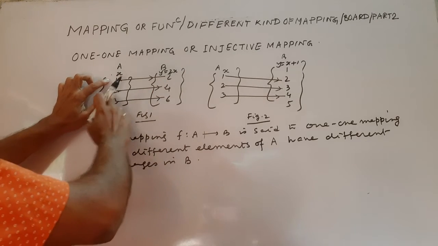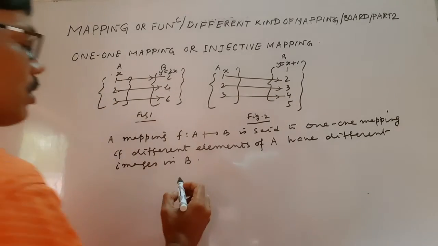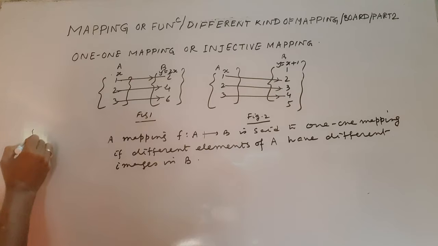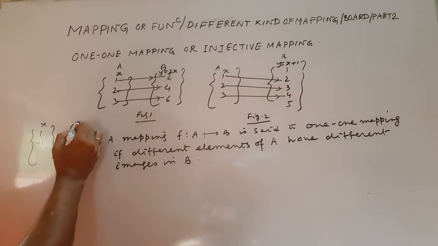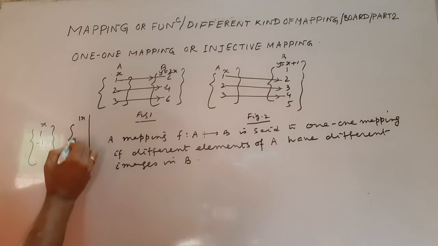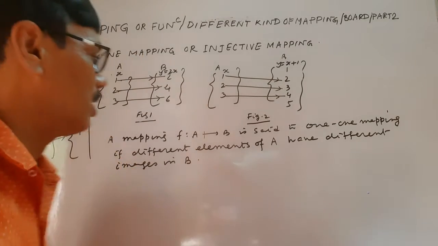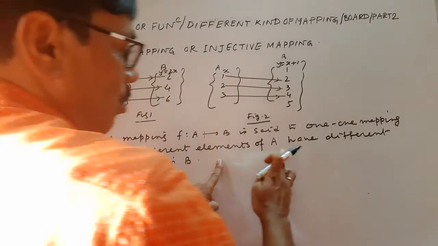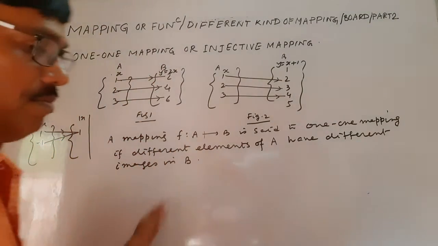No 2 elements have the same image. Look, suppose 1 and minus 1 have x and mod x, and this is 1. So this is not 1-1. This is many-1.